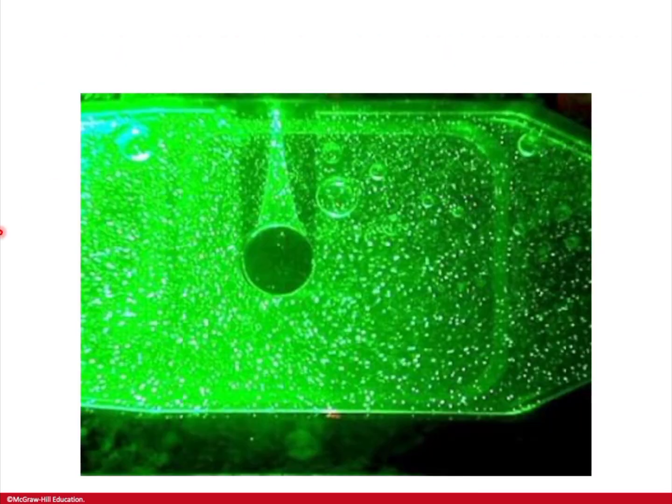So this video here shows a flow of a fluid around a circular cylinder. This is a method called particle image velocimetry, where they put small particles in the flow that are small enough to be suspended in it and move around with it, and then you shine a laser light and you can see those particles moving.